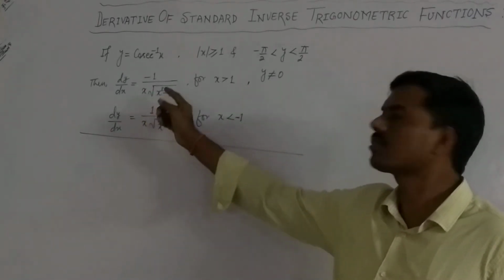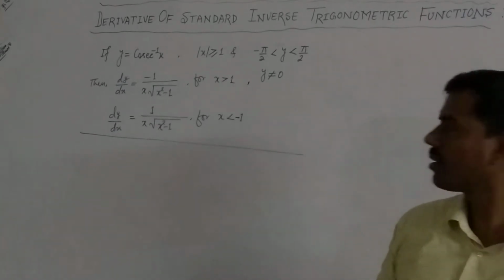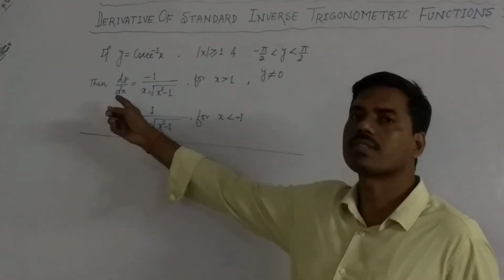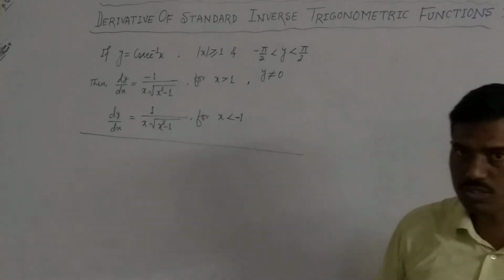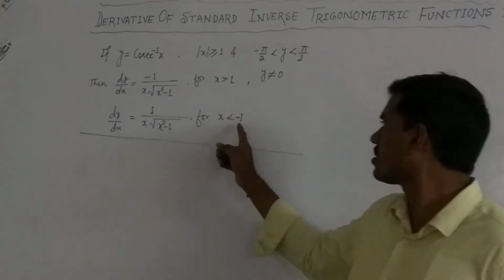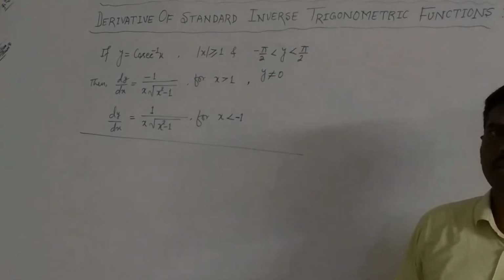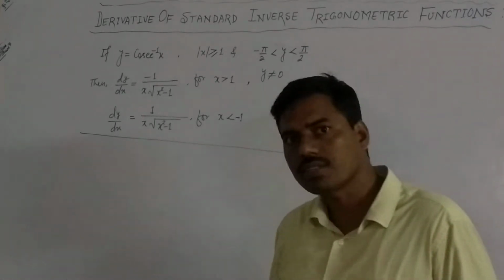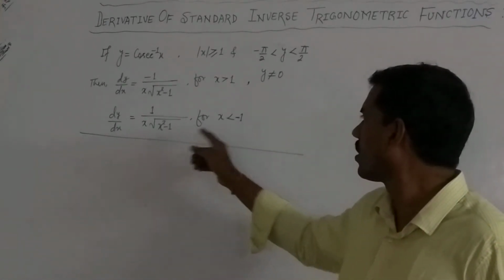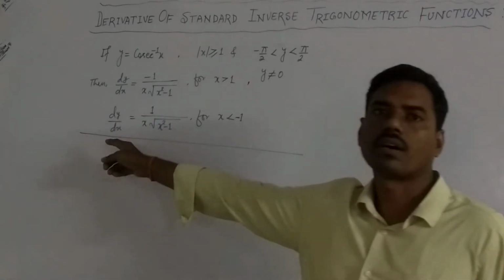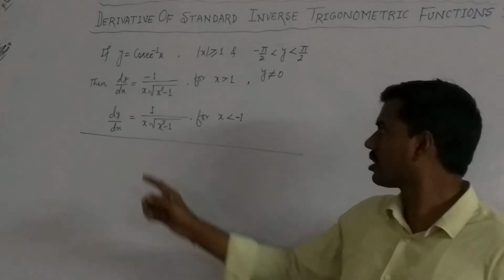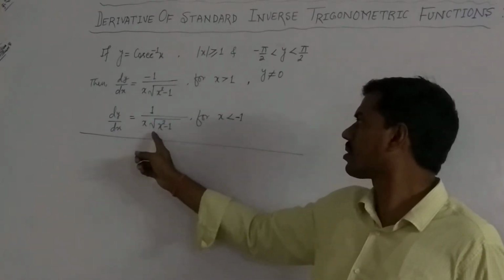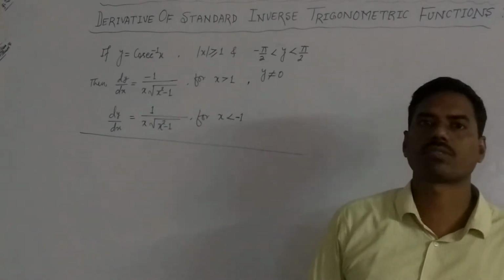When the value of x is greater than 1, dy by dx is equal to minus 1 upon x under root of x square minus 1, and when x is less than minus 1, the derivative of cosec inverse of x is given as 1 upon x under root of x square minus 1.